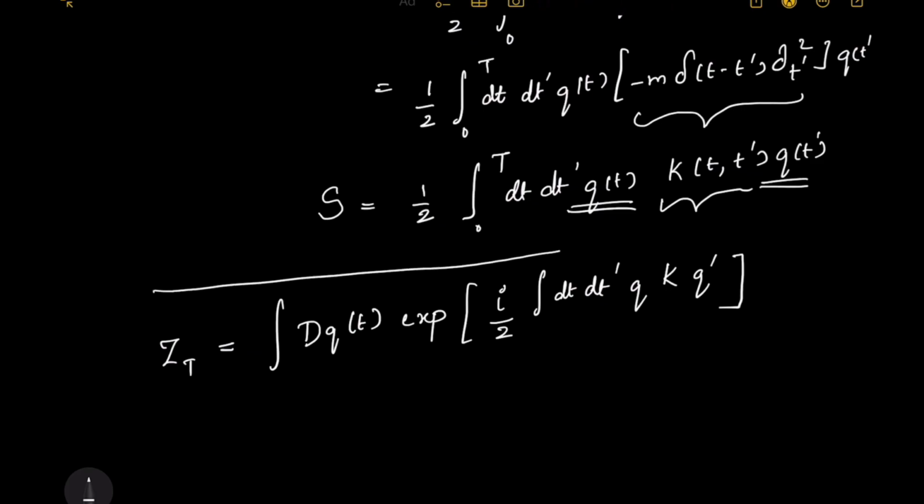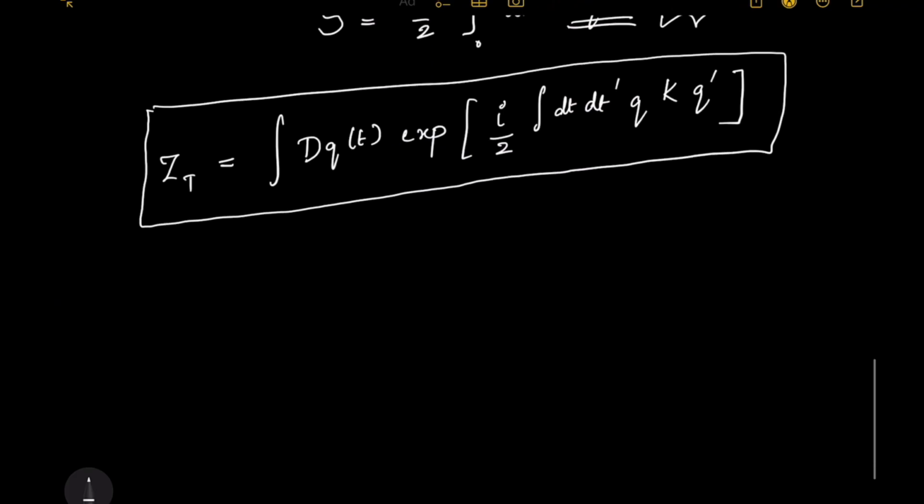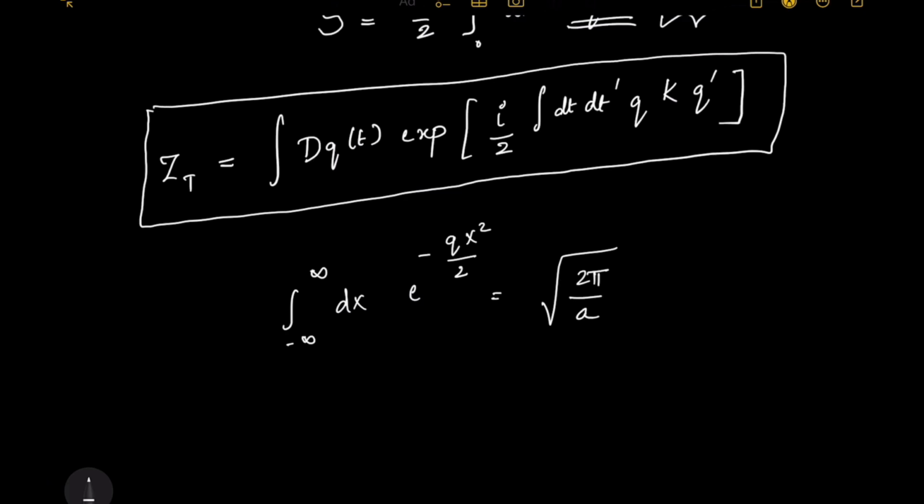You can see that this is similar to the Gaussian integral. Recall the standard Gaussian integral: integral from minus infinity to infinity dx e raised to minus a x squared by 2 is equal to the square root of 2π/a. This is the standard Gaussian integral.